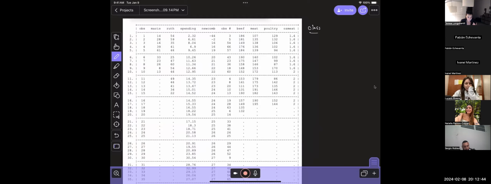So that's another advantage of histograms. So class, and then here we're going to put number of observations, and here percentage of observations.